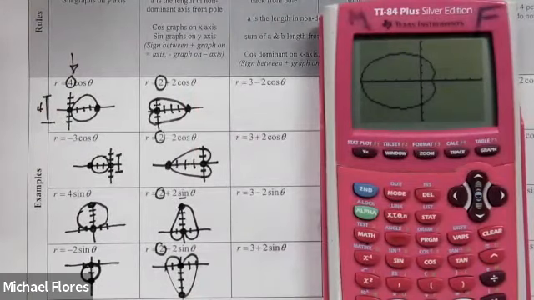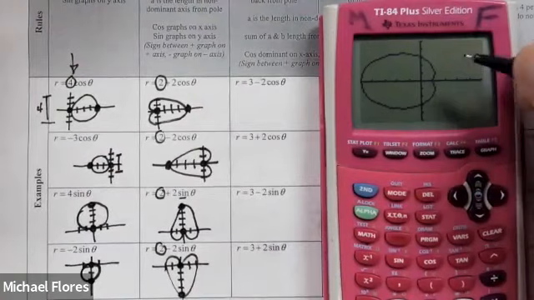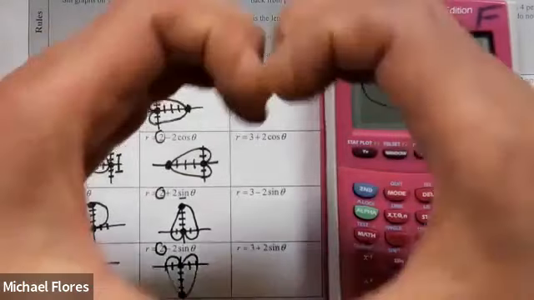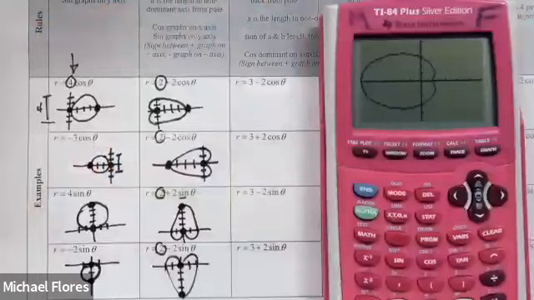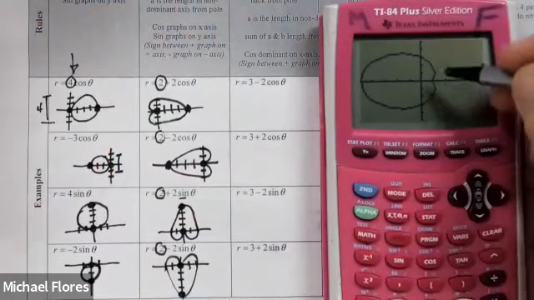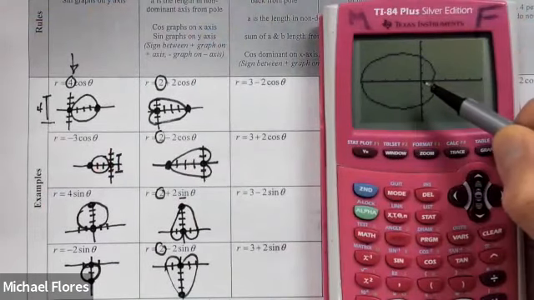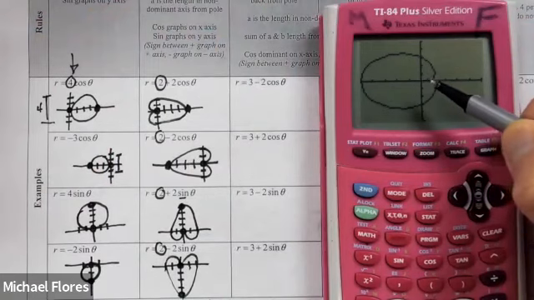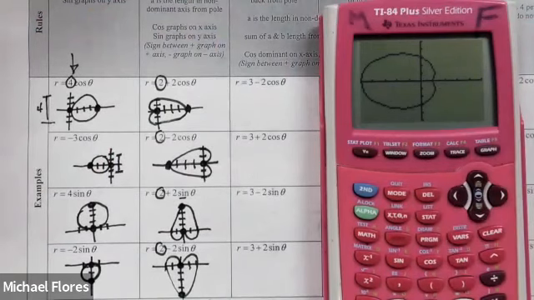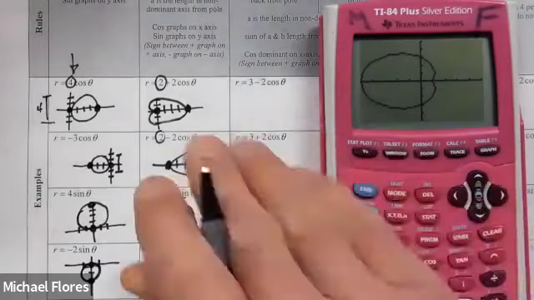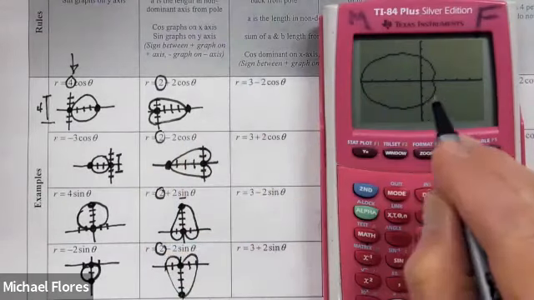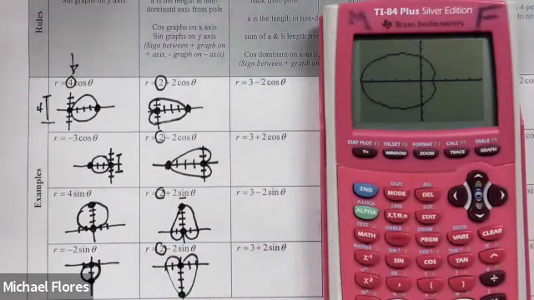This is not technically a cardioid or a heart shape. This is more of a dimple, and not so much that nice little heart shape that we're accustomed to. So it's more dimpled. And then look what else happens. It's not touching the pole. It pulls away from the pole. So notice that. If A is greater than B, it's going to pull away from the pole when it's a limacon.